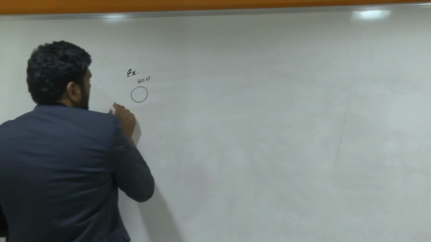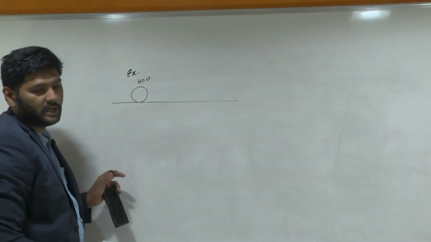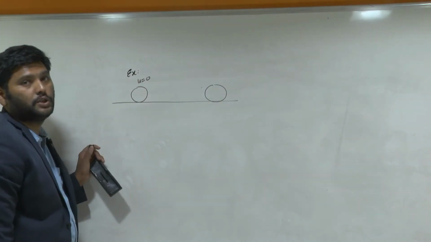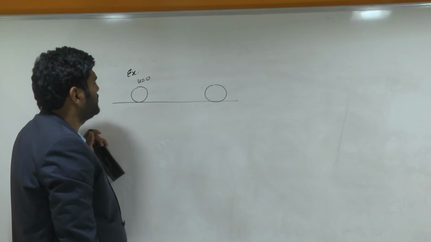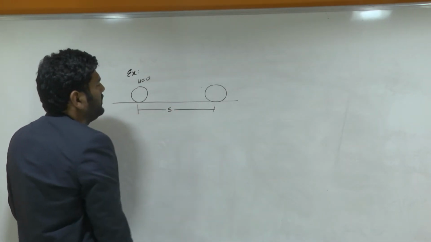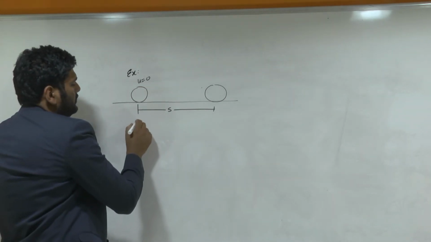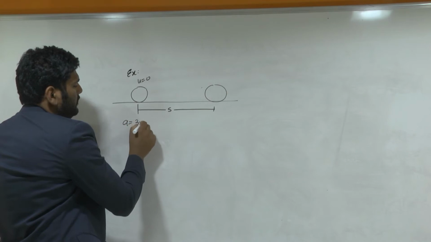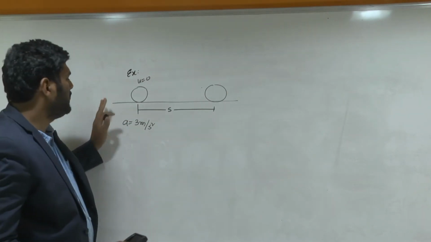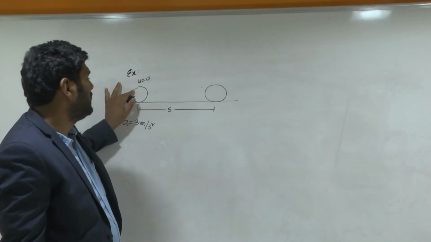It is moving in a straight line path, and it has reached this position. When it reaches this position, it got displaced by some s, and it has an acceleration of 3 meter per second square. You can take the acceleration of the body as 3 meter per second square, and it starts from rest.